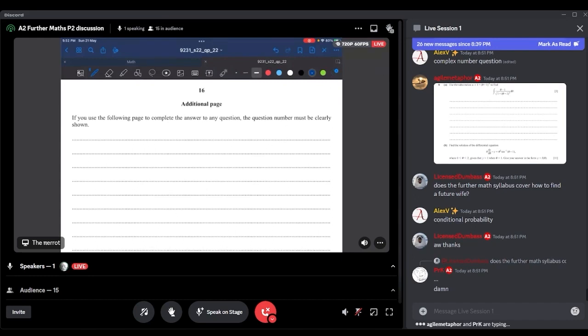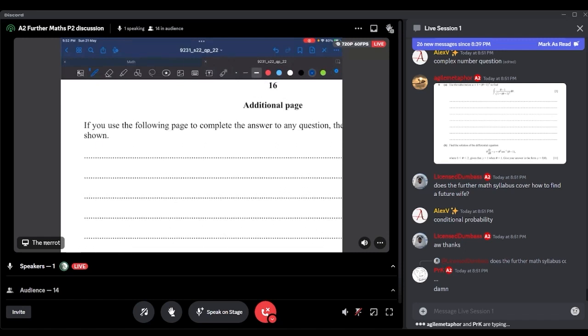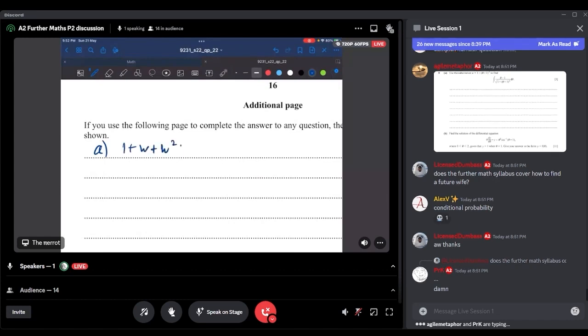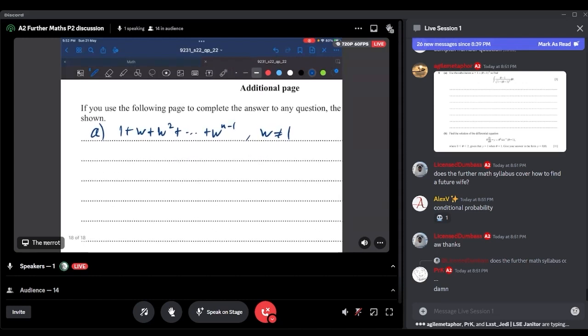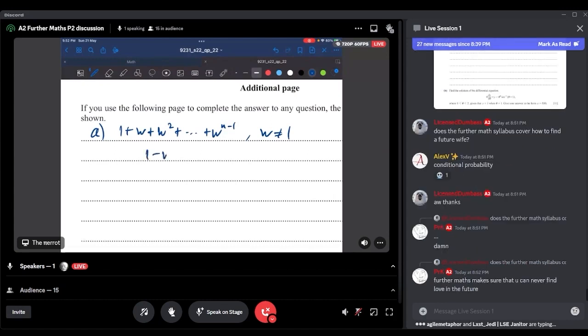So this is for part A. Well, of course, this is just geometric sum. So it should just be like that. This is just this geometric sum.